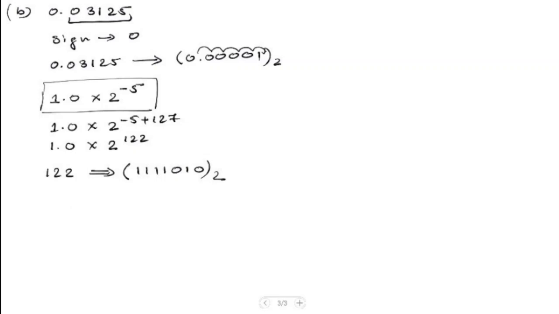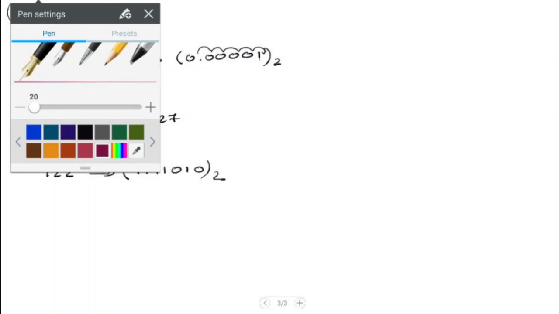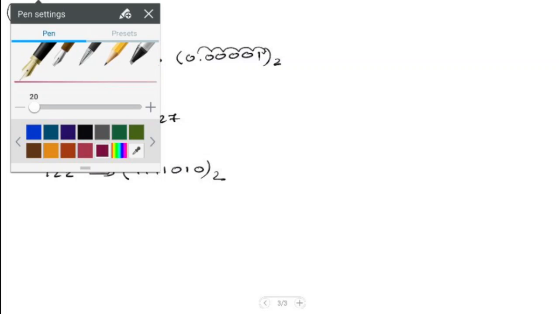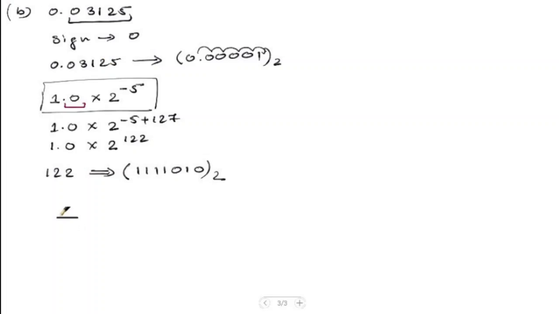And once we're done with that, we have to determine the mantissa now. The mantissa, as I told you before, is whatever is after the decimal in the normalized number. So if it's 0, that means we fill up all the 23 mantissa bits with zeros. Now the sign bit is one bit, which is 0.